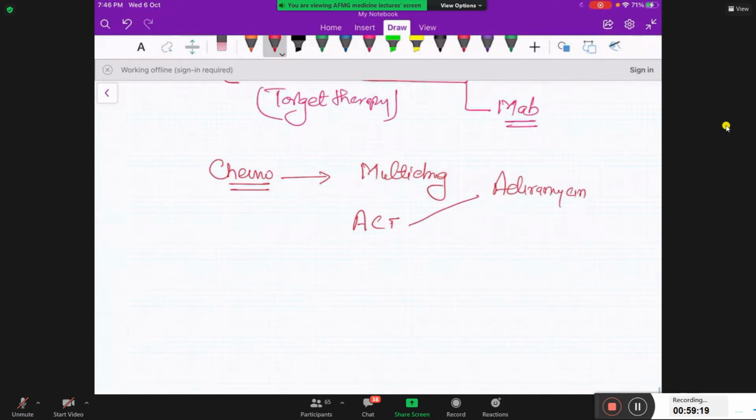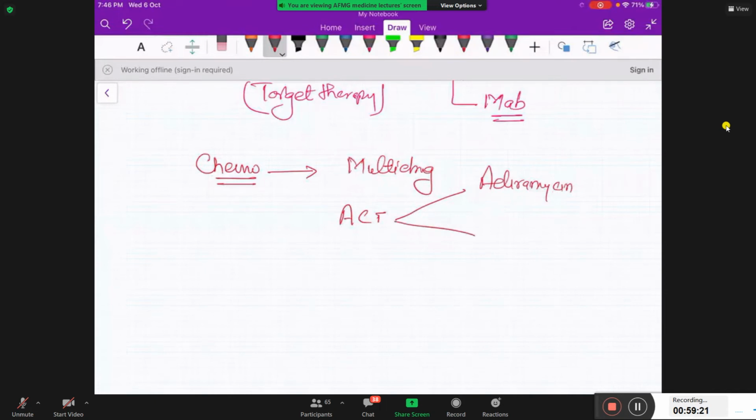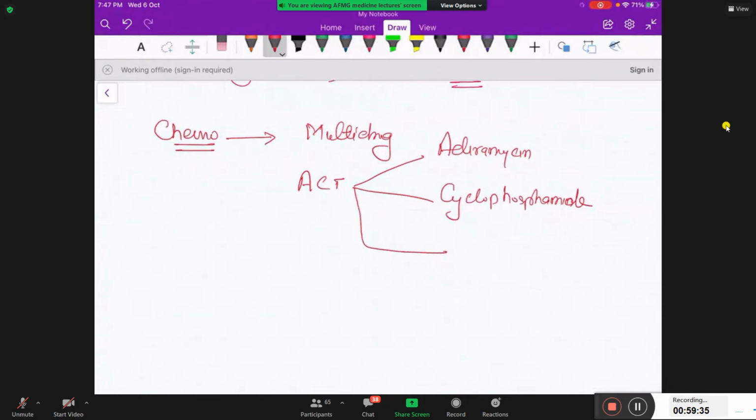Adriamycin, cyclophosphamide, and taxanes.